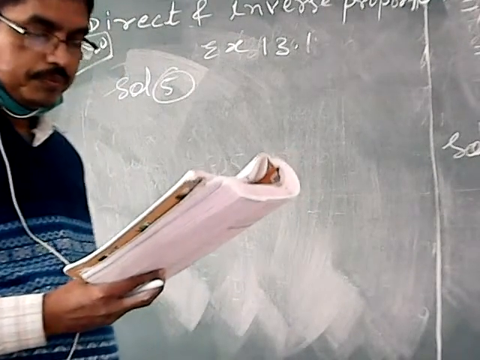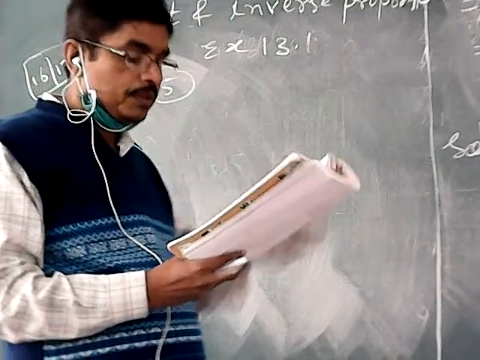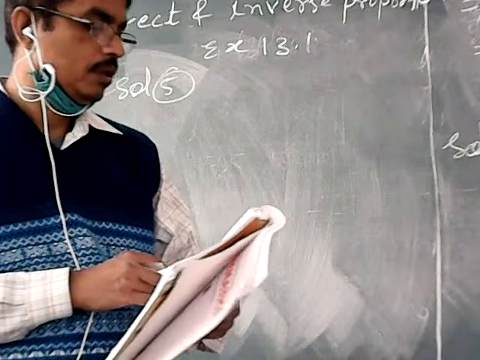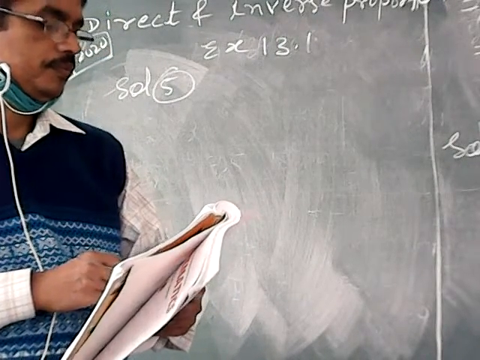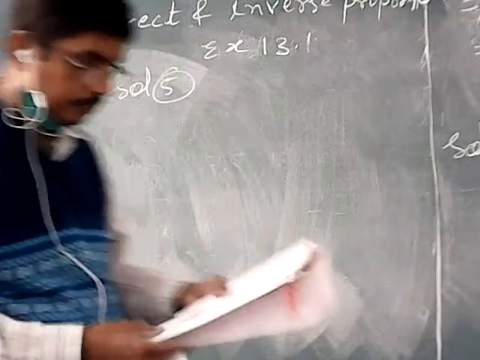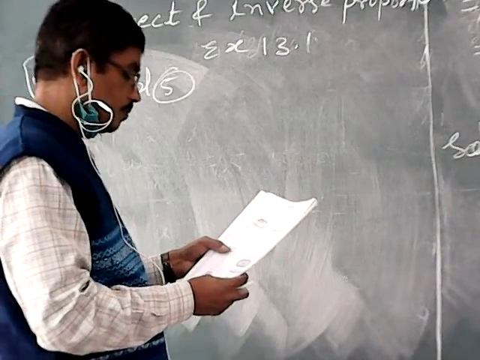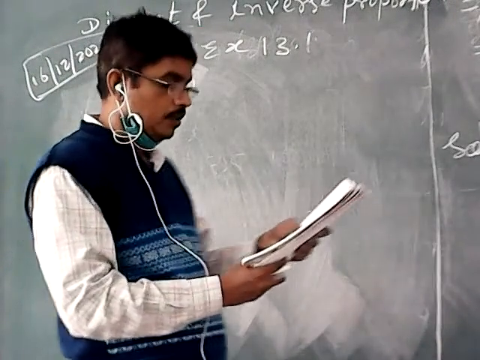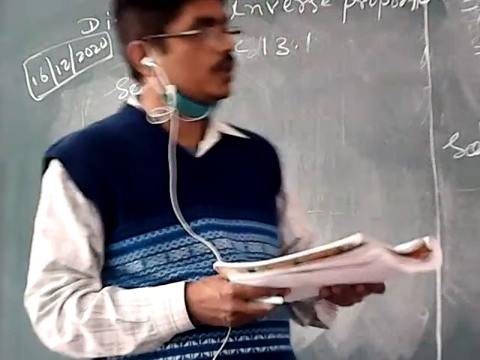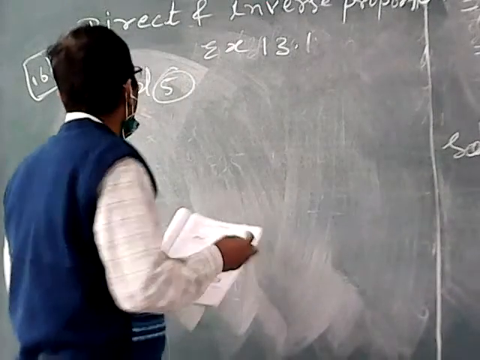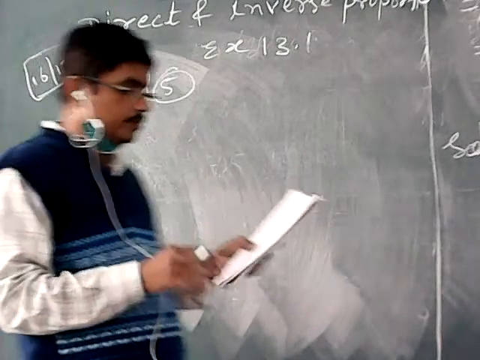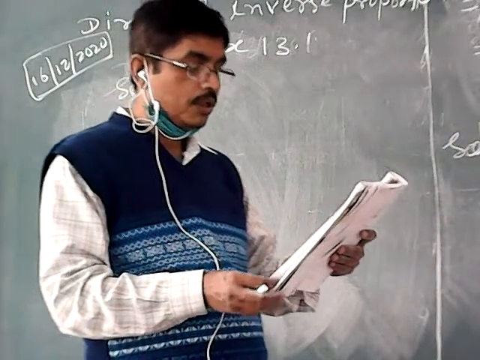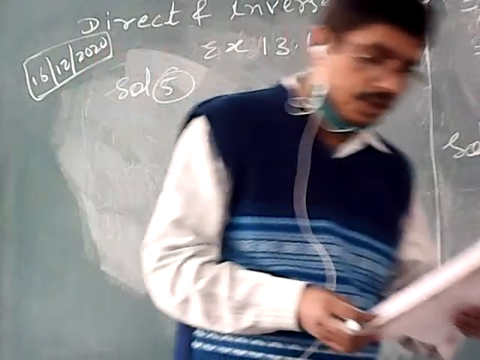So there are two cases, and this is a proportion question, students. The enlargement is 50,000 times.